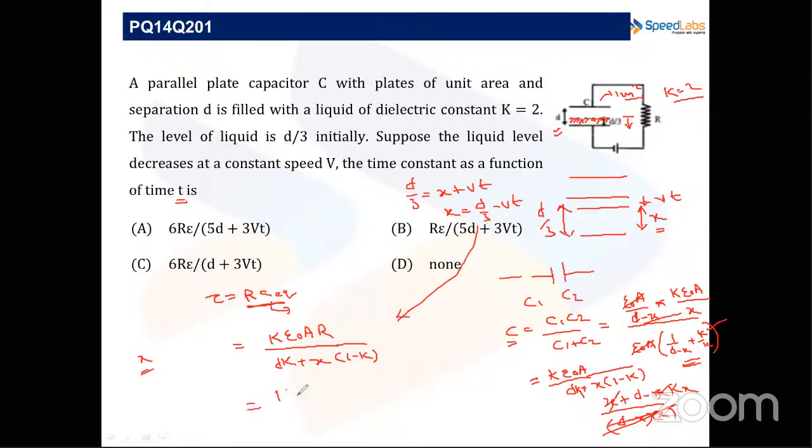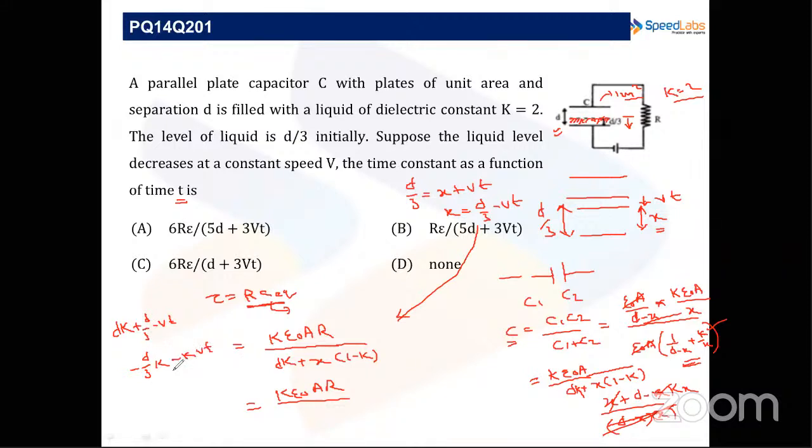So time constant is k epsilon naught AR divide by, numerator I am writing separately. सो न्यूमरेटर को हम लोग अलग से सॉल्व कर लेते हैं. It's dk plus x, which is d by 3 minus vt, times 1 minus k, and d by 3 minus k will also be multiplied with this, and minus kvt.